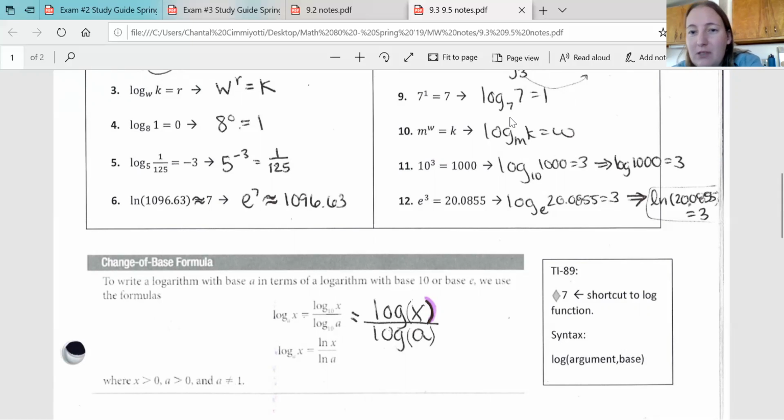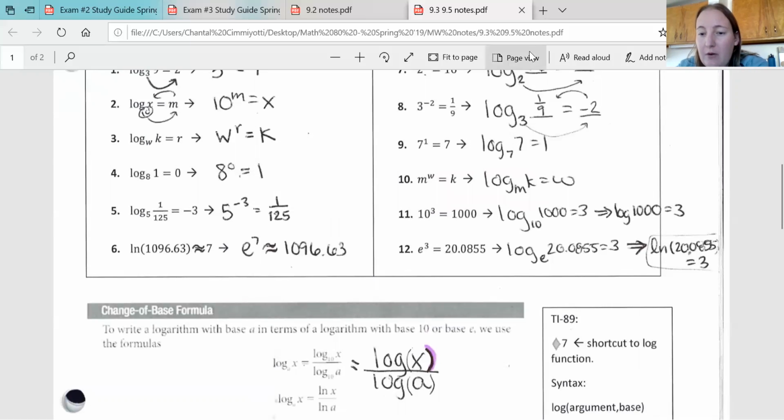That's not so differentiable. Let me find a better one. Here, it would be log of 1/9 in parentheses, since it's a fraction, comma 3, and then close your parenthesis when entering it in the 89.